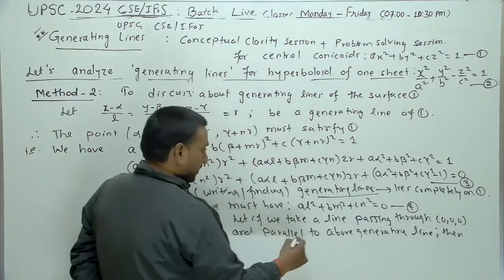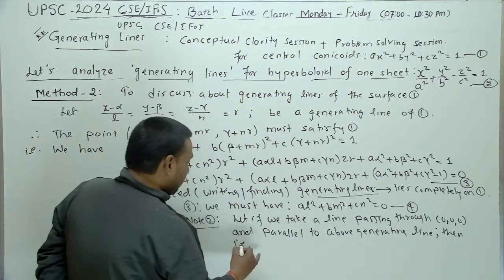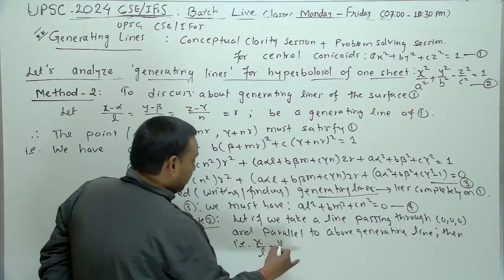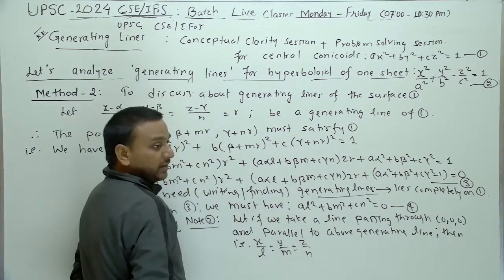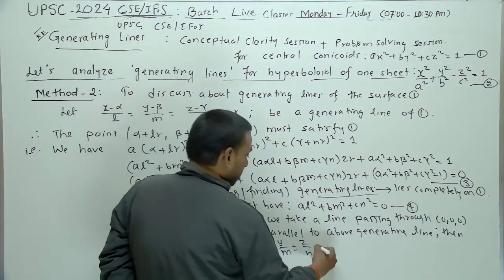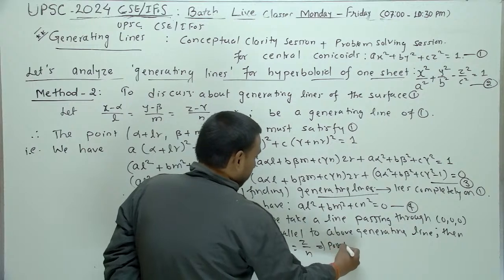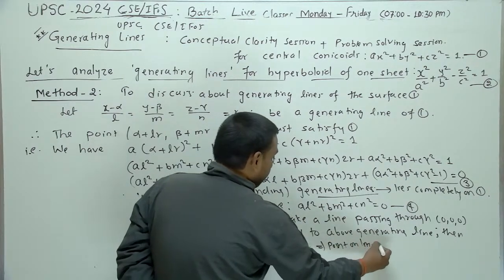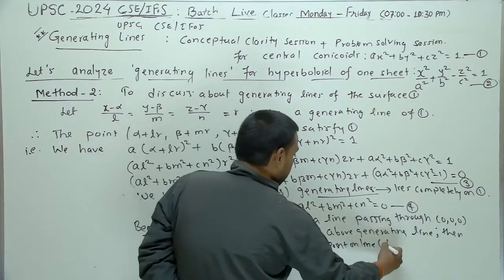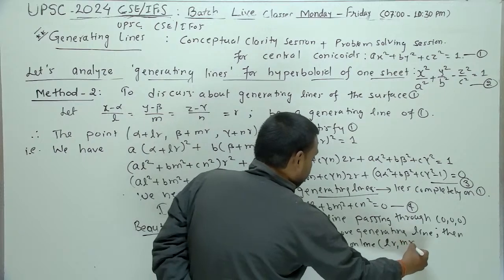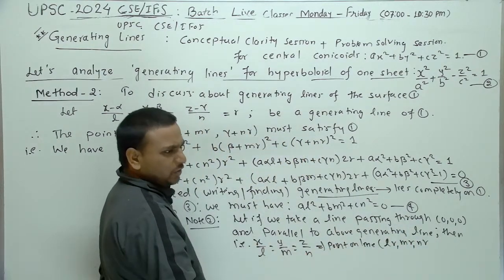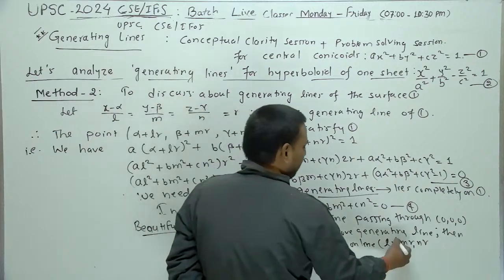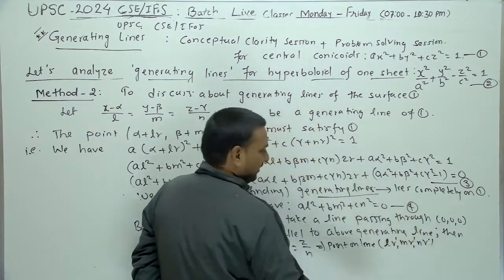Then what does it mean? That is, you have a line x upon l equals y upon m equals z upon n. So this implies a point on the line is what you get? lr, mr, nr. You can take another arbitrary parameter, write it as r dash. No stress at all.